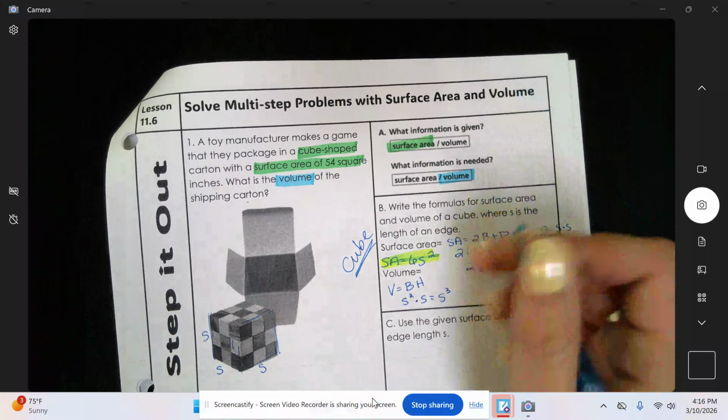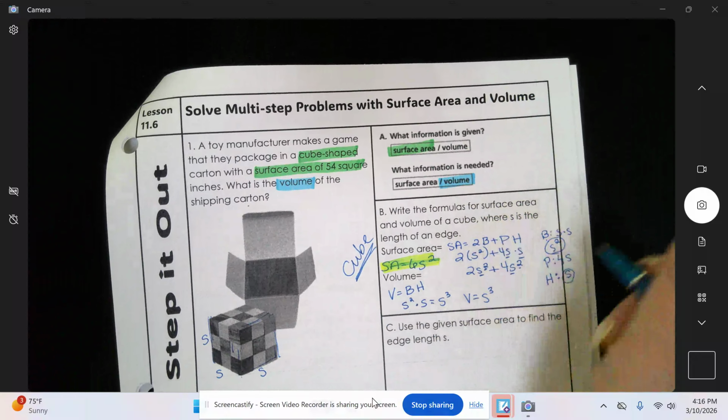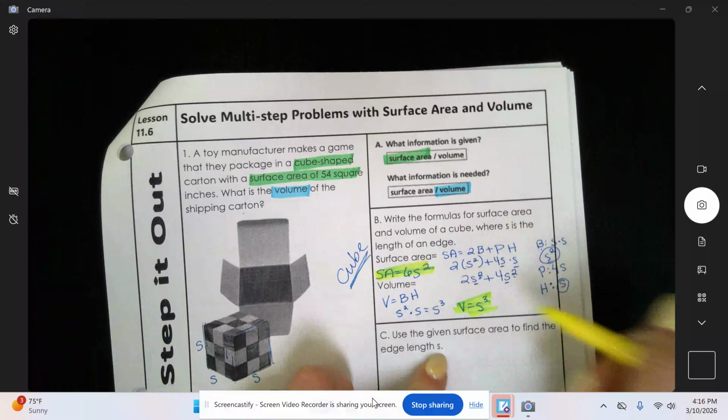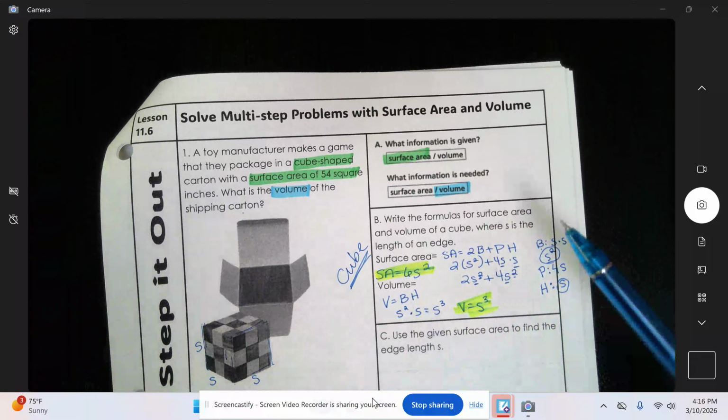So our volume formula for a cube is volume equals S, whatever the side length is, cubed to the 3rd power. We're multiplying it 3 times, basically. Okay? So we can now use these formulas.